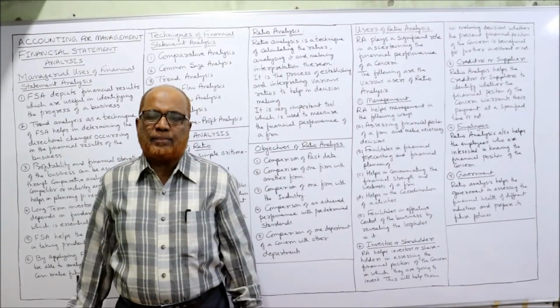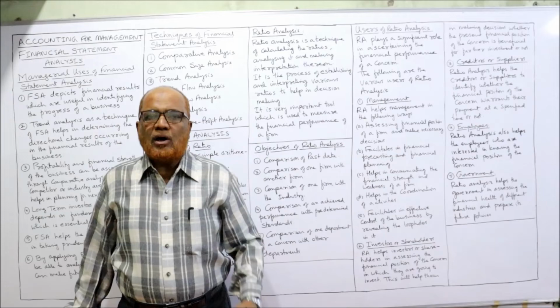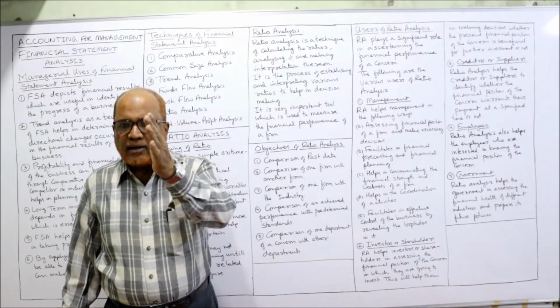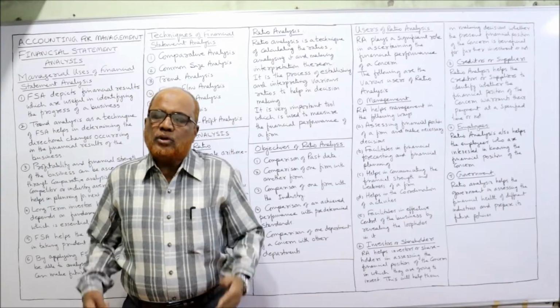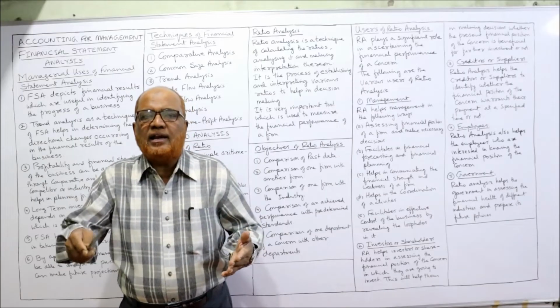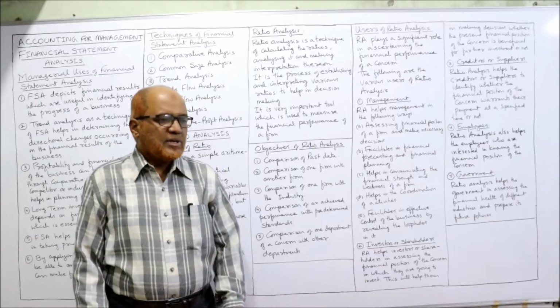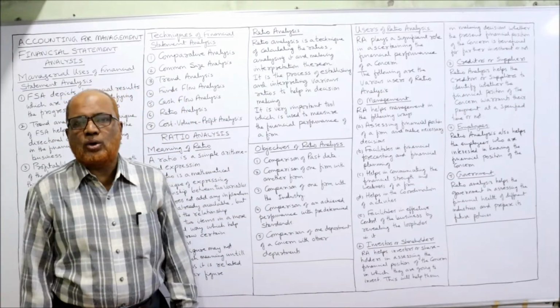Simple example, LG company. LG produces so many products. Now they want to compare the performance of, suppose, electronic items like LED or refrigerator. Both are produced by LG only. Now LG wants to compare the performance of LED production with refrigerator production. Ratios will be used. So these are the objectives why we use ratio analysis.